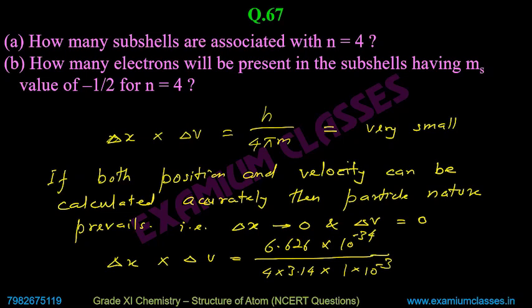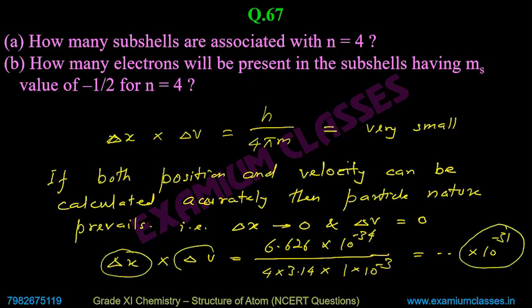So what will you get? Something of the order of 10 to the power minus 31 or minus 32, a very, very small value. It means both of these can be small. Their multiplication is very, very small.